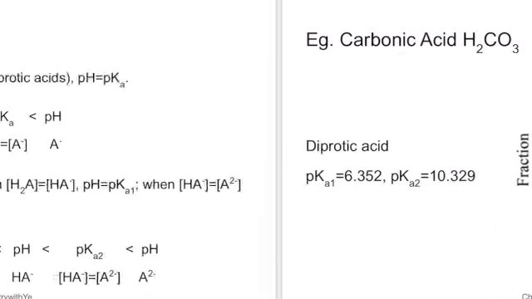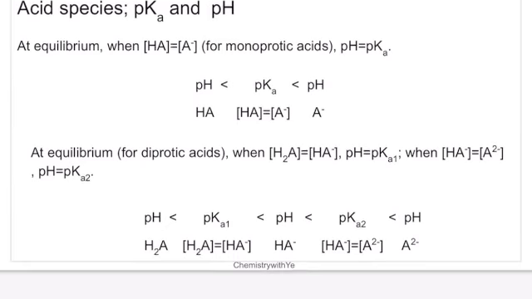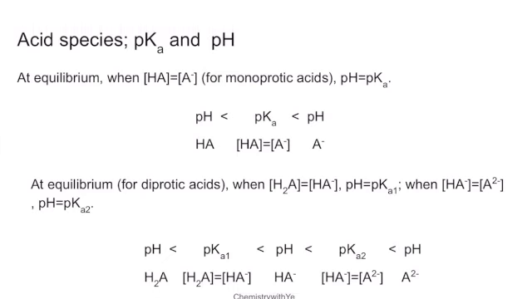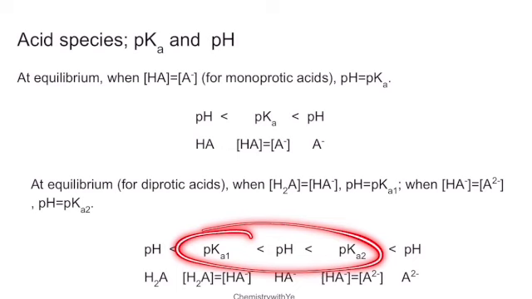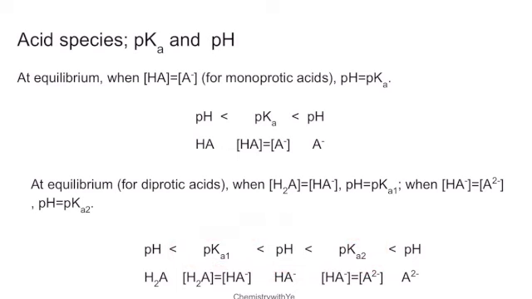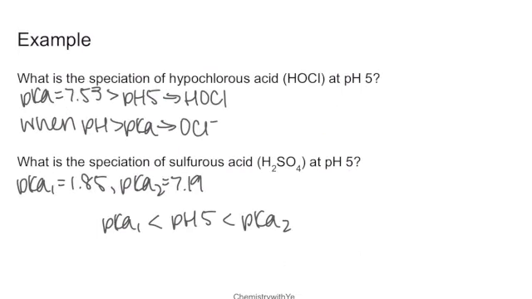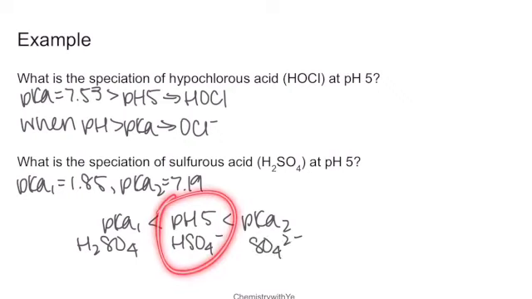So going back to the previous 2 slides where we are talking about the pKa values of diprotic acids, we're looking at this region here where pH is in between the 2 pKa values. So when the pH is equal to or less than pKa1, it will be in its most protonated form, and when it is greater than pKa2, it's in its least protonated form.